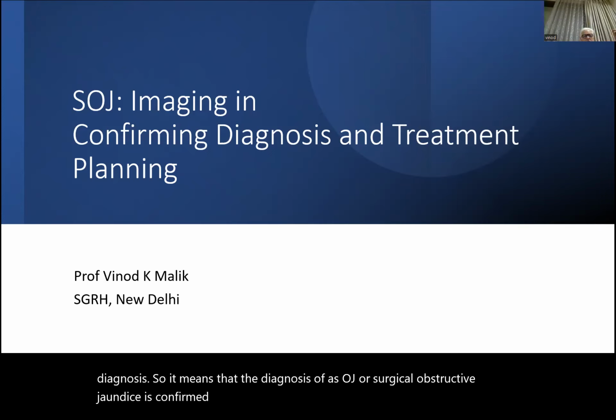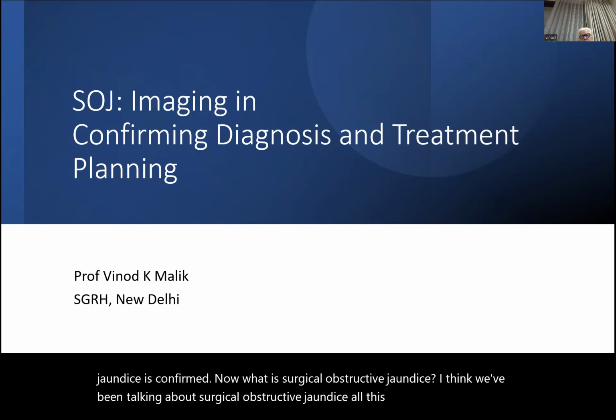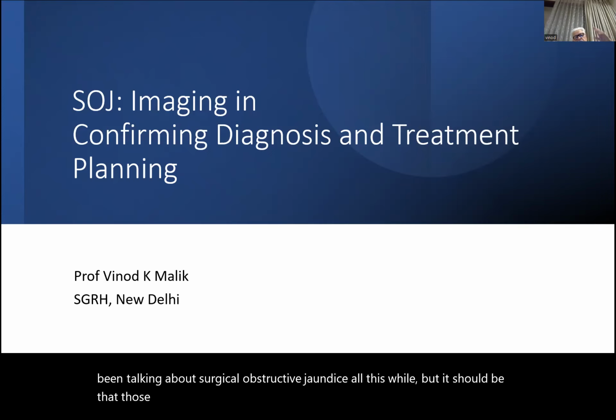Now, what is surgical obstructive jaundice? I think we've been talking about surgical obstructive jaundice all this while, but it should be those entities which can be managed with a surgery.